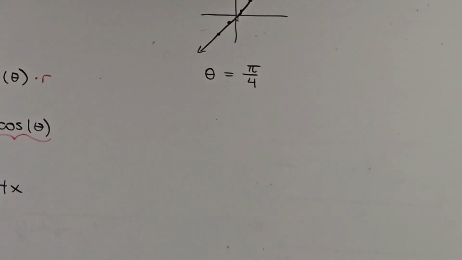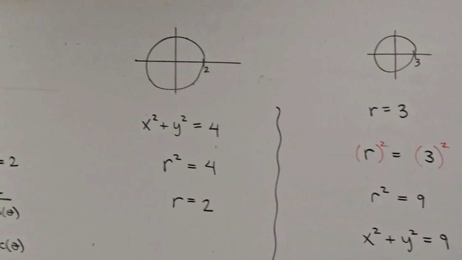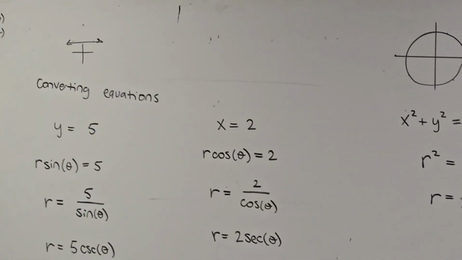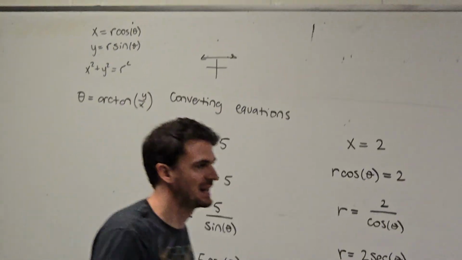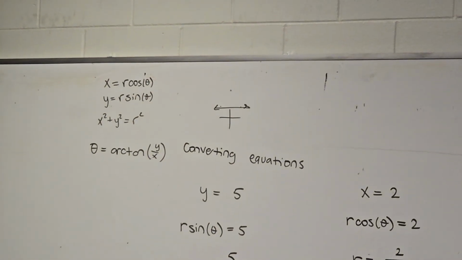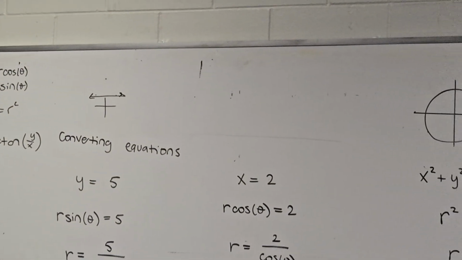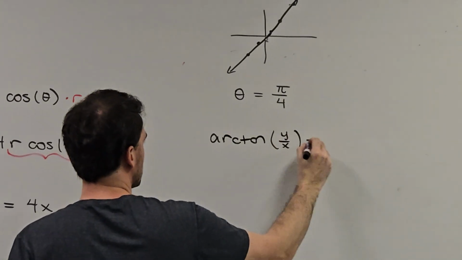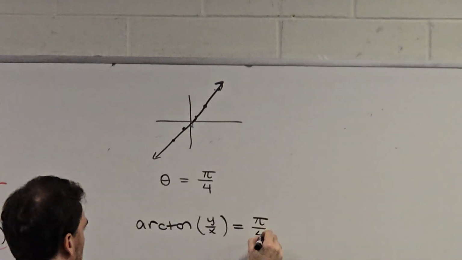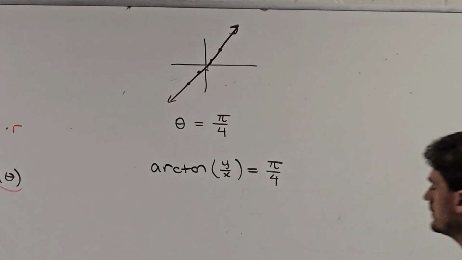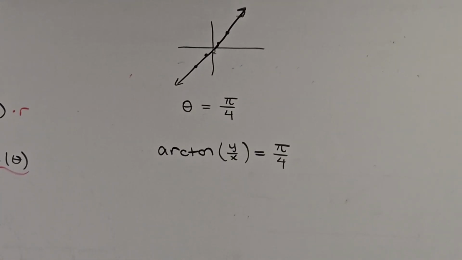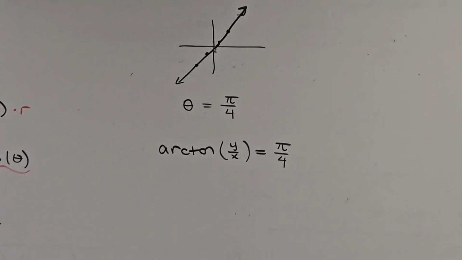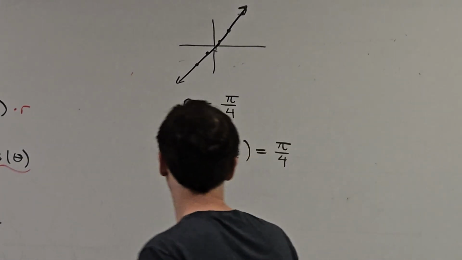In our toolbox of converting, we also had theta equals arctan y over x. Well, I'm just going to make a substitution that theta is equal to arctangent of y over x. In rectangular equations, we usually have it as y equals something.